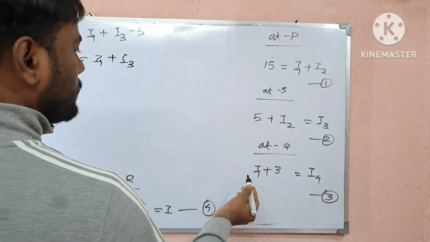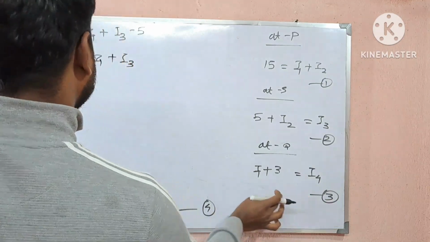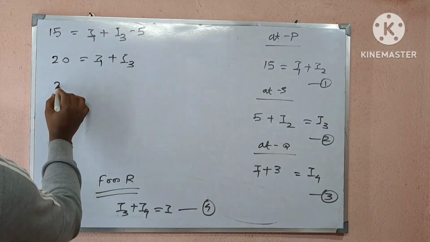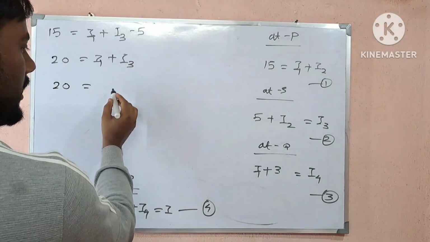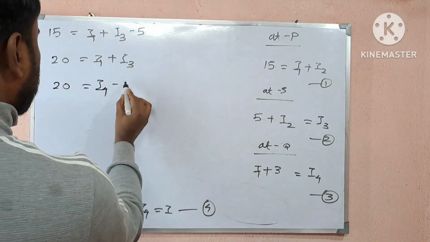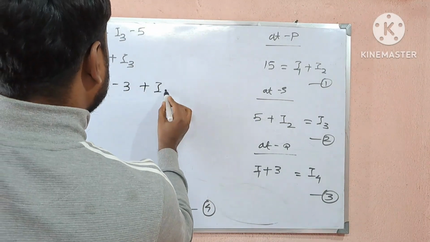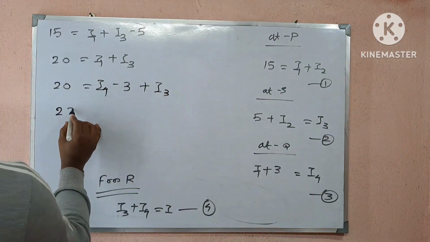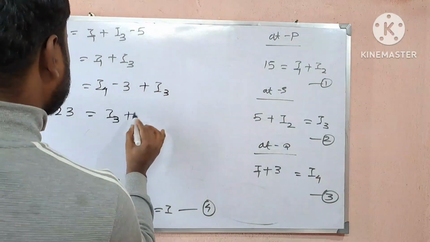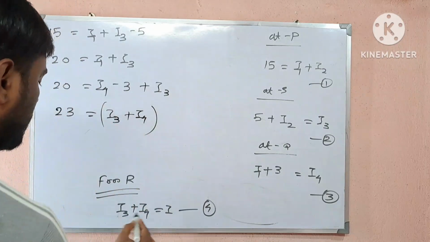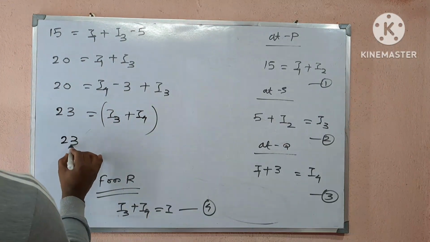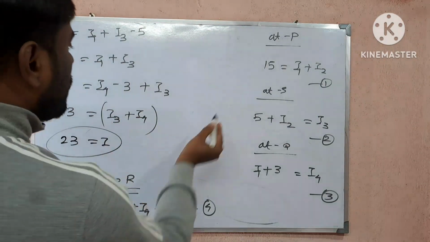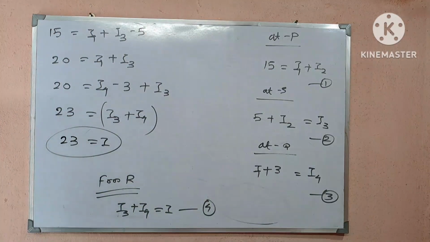And now we can also put the value of I1 from equation 3 in this equation. So that will be 20 equal to, we can write I1 equal to I4 minus 3, plus I3. So that will be 23 equal to I3 plus I4. And we know that I3 plus I4 is basically I. So we can say I equal to 23. So in this circuit, the value of current I is basically 23 ampere.